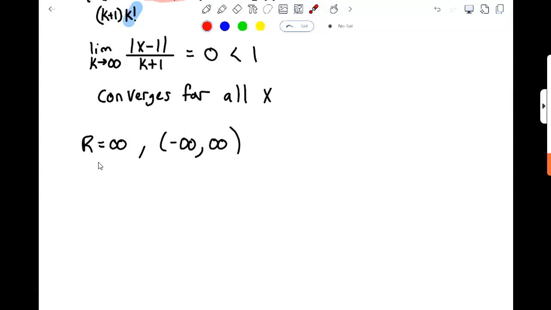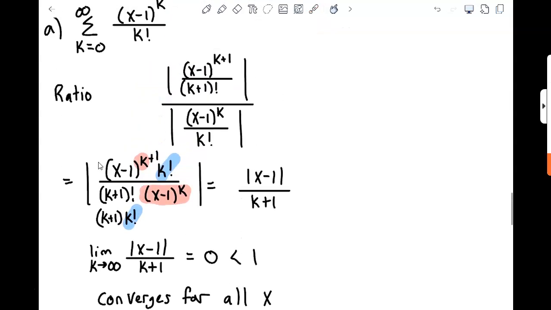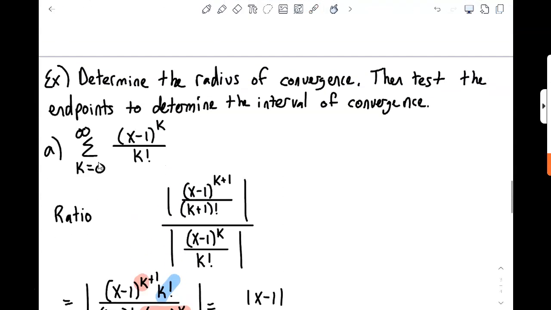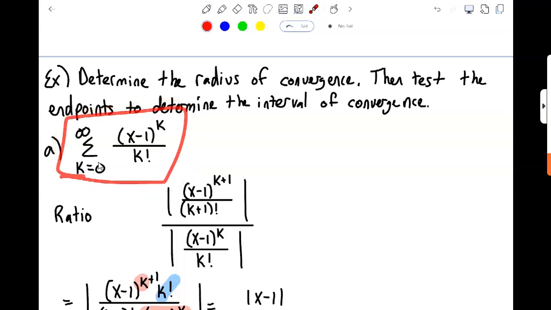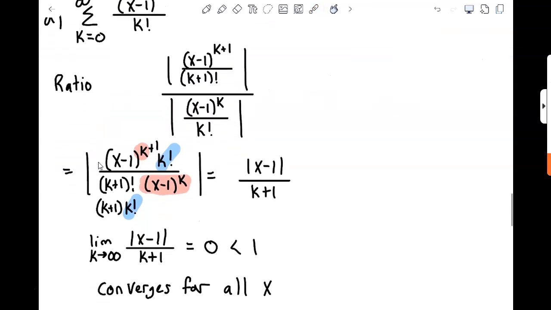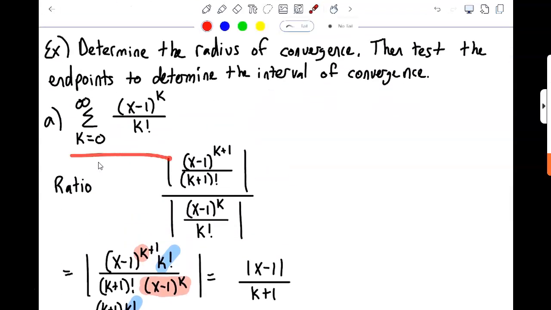And so here we have an example where it turns out this infinite series will actually converge no matter what number we put in for x. So that's actually kind of a pretty cool idea there. That is always going to converge.